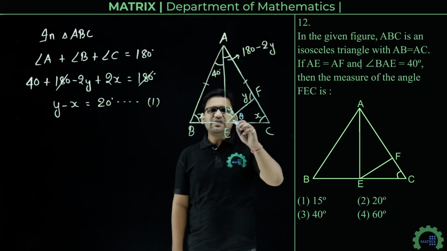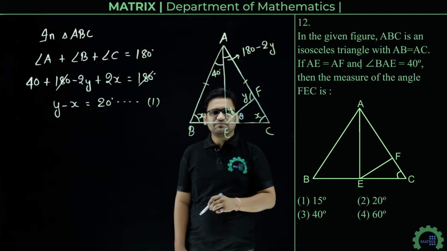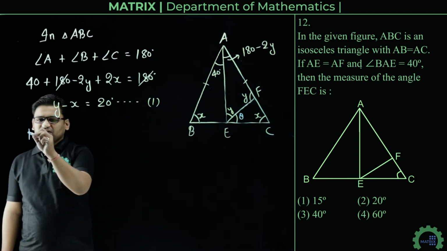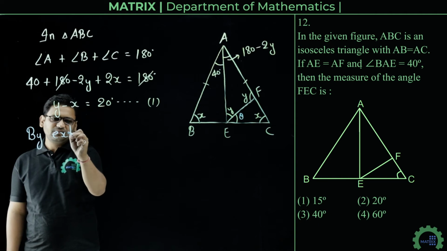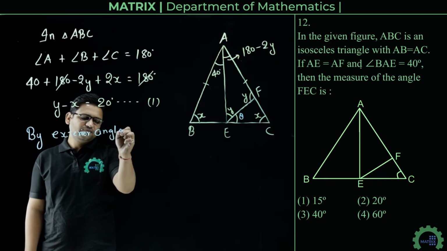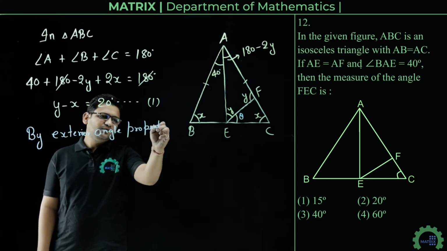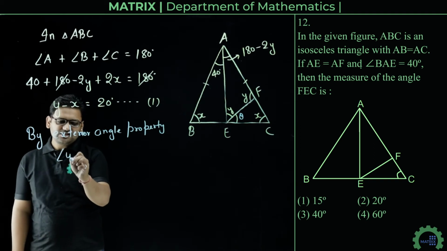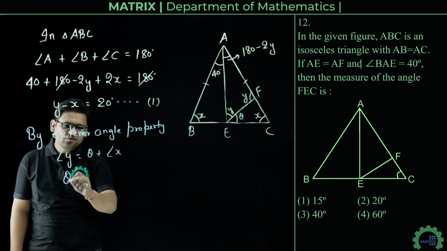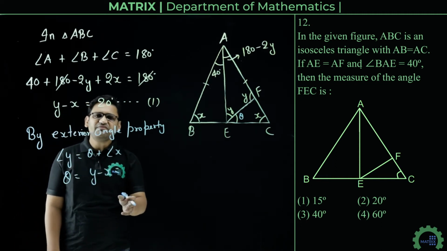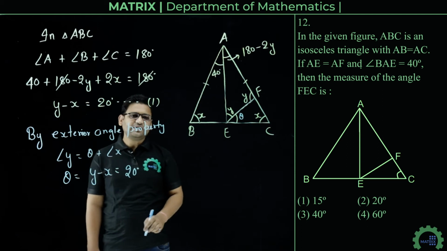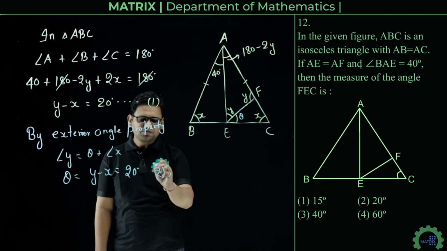Now on applying the exterior angle property in triangle FEC, we can write that angle Y is equal to theta plus angle X. Or theta will be equal to y minus x, and we have already found the value of y minus x, which is 20 degrees. So the value of angle FEC is 20 degrees, which is option number 2. So option 2 is the correct answer.